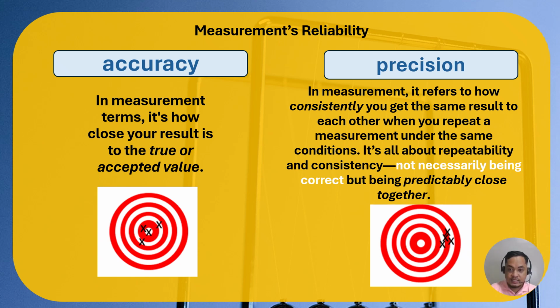It's precise because the numbers are close together. But it is not necessarily the correct or the accepted value, because the results are far from the accepted value.